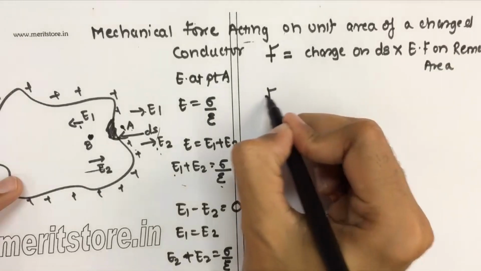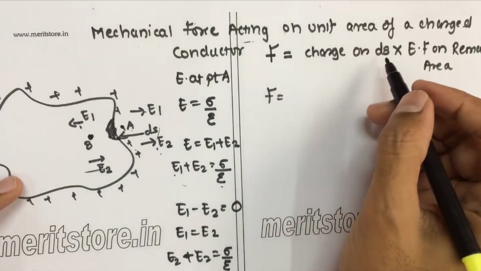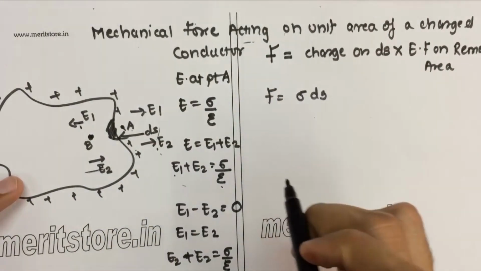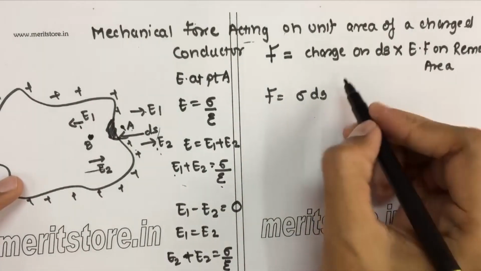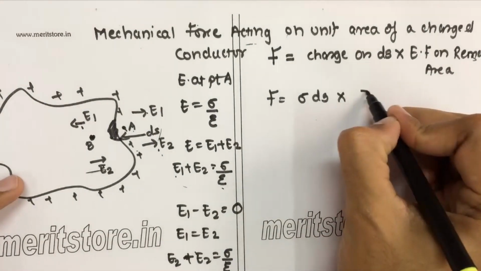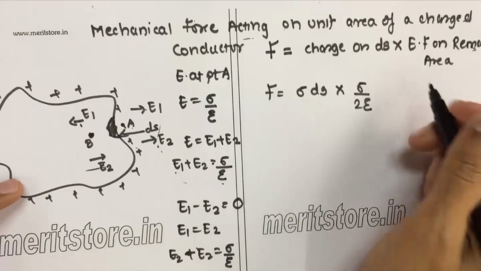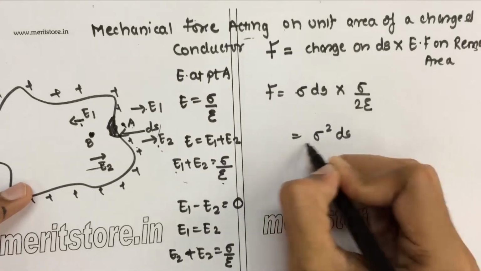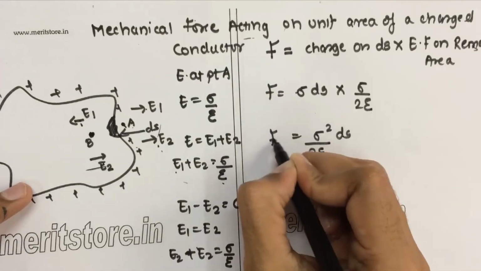The charge on ds is sigma ds, because q equals sigma into ds, into the electric field intensity on the remaining area, sigma upon 2 epsilon. So sigma into sigma becomes sigma square ds upon 2 epsilon, which is your force.